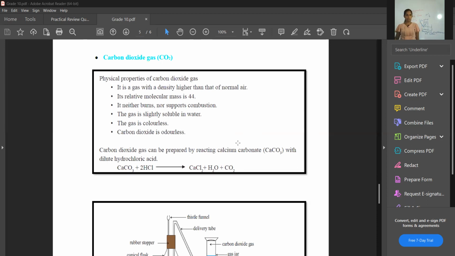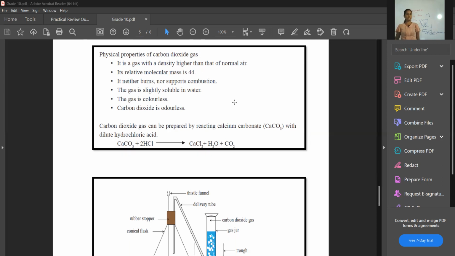The relative molecular mass is 44, and it neither burns nor supports combustion. The gas is slightly soluble in water, same as oxygen, and it is colorless and odorless.